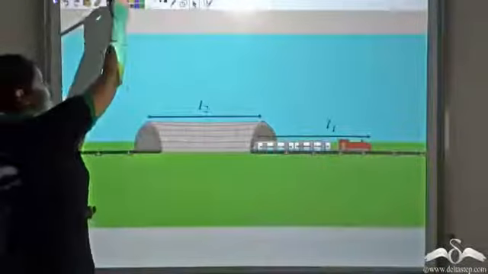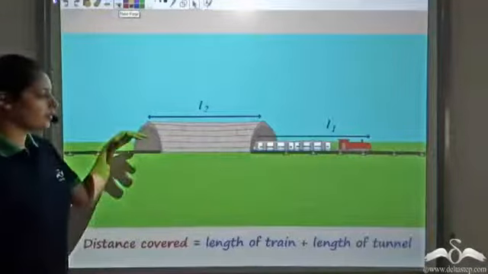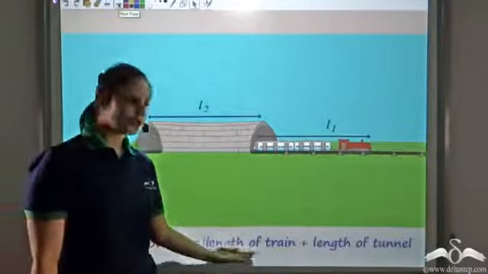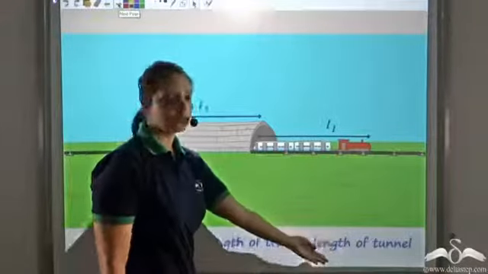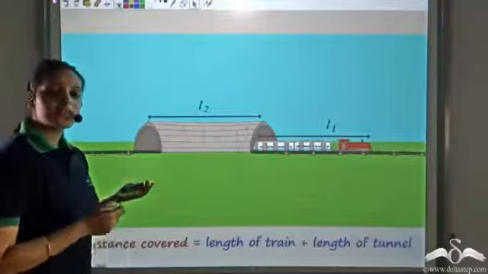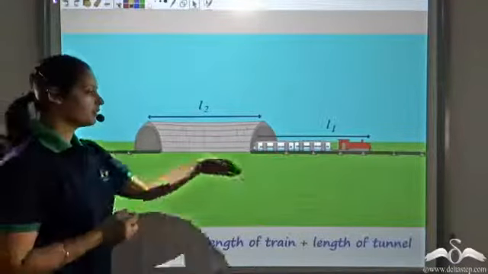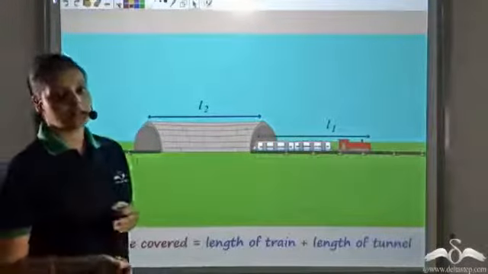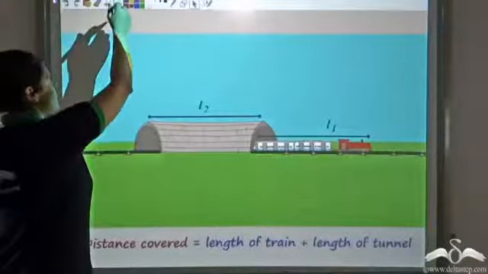So what we see is that when a train crosses a tunnel, the distance covered is nothing but the length of the train plus the length of the tunnel. Now this holds true for a bridge also. Even if it has to cross a bridge, the distance covered would be equal to the length of the train plus the length of the bridge. So now, can you solve this question?